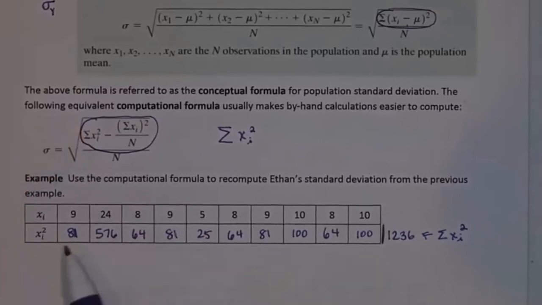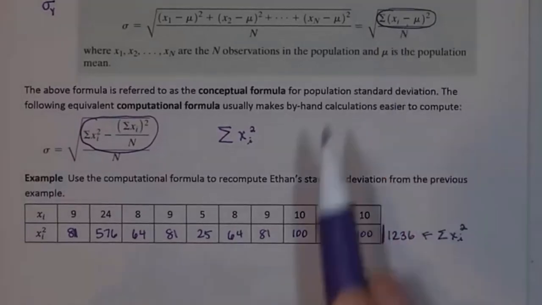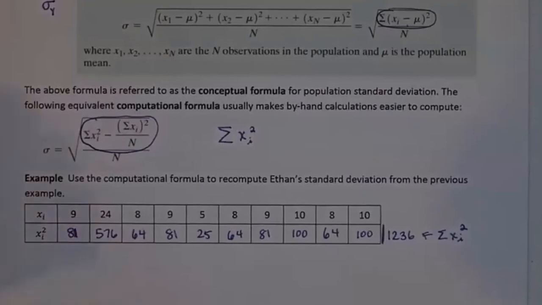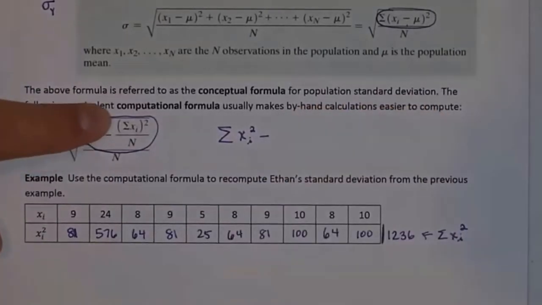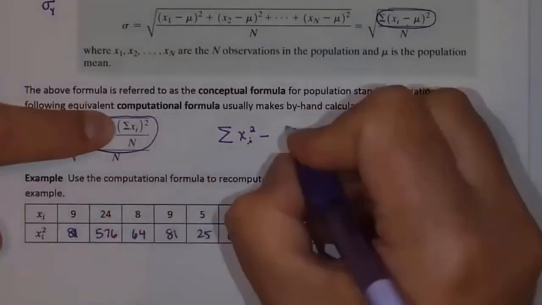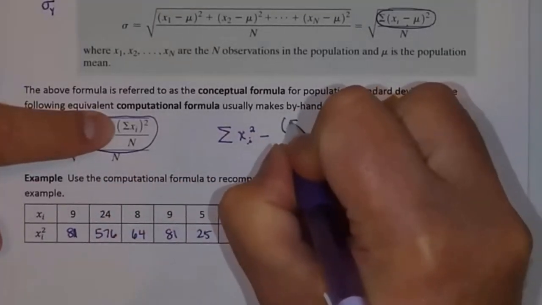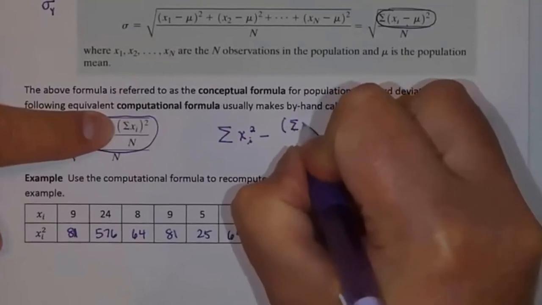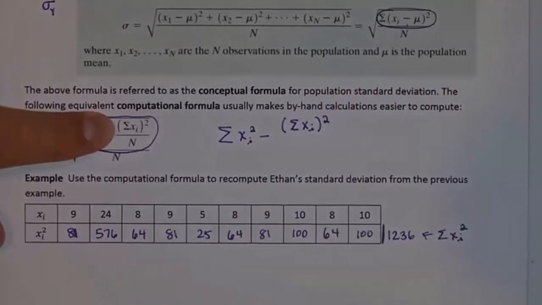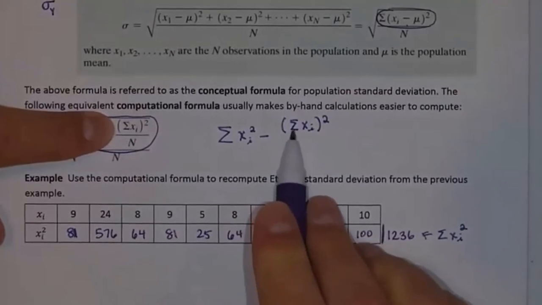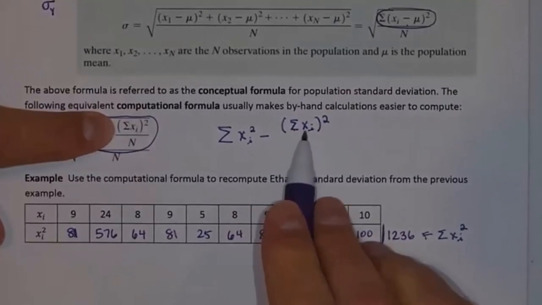Now again, usually the arithmetic involved here is easier than the arithmetic involved here. So what am I going to do with that? Well, I'm going to subtract. What am I going to subtract? Well, look at that part up there. I've got inside parentheses a sigma x sub i. So inside the parentheses, sigma x sub i means add up all the data values.